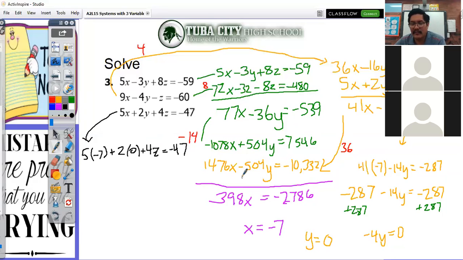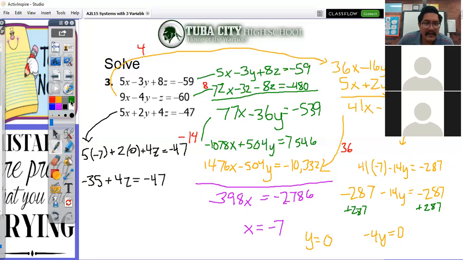If you remember standard form graphing, we just ignored any of the terms with a 0 in them. But oh well, let's just keep going. -35, and 2 times 0 is going to be nothing. It's going to be gone. 4z equals -47.